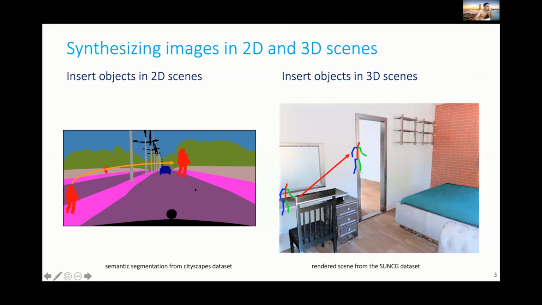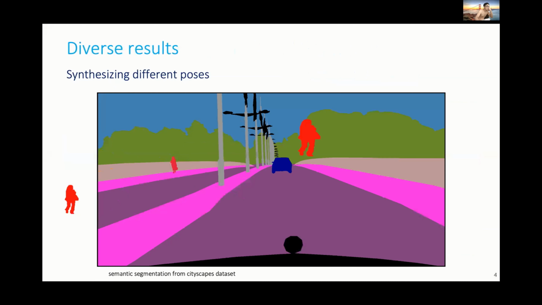If we do not understand the contents or the objects, then the result will be quite strange, right? Here, this will be a giant, and here the human is not supported. In addition, as I mentioned, we also want to synthesize outputs with different shapes, not just location, but also different shapes.